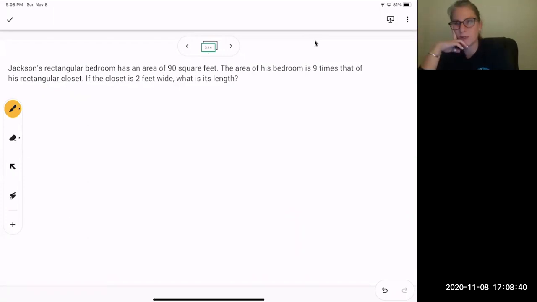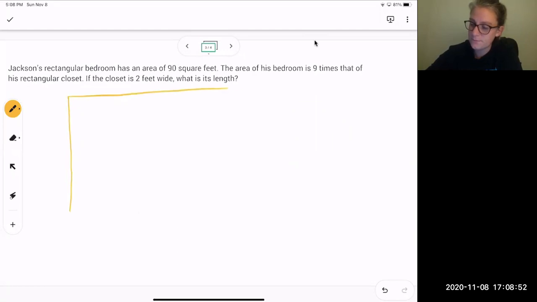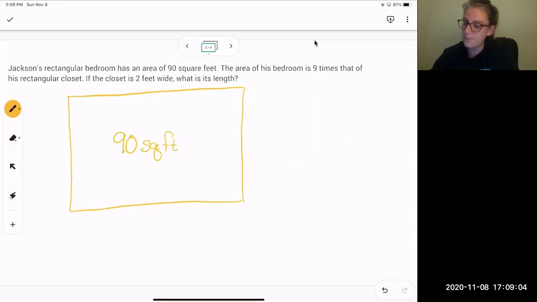Oh my goodness. Okay, so we first need to draw a picture. So I'm going to draw a picture of Jackson's bedroom. Okay, and we know the area is 90 square feet. Okay, that's all we know. We don't know the length or the width of his bedroom.